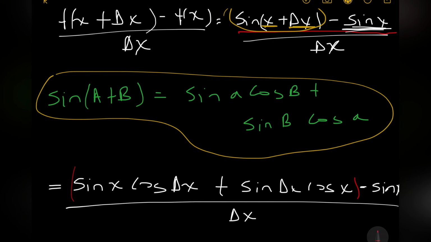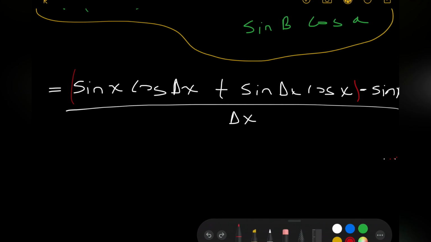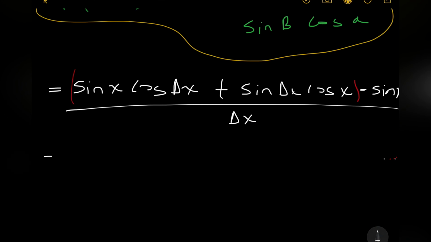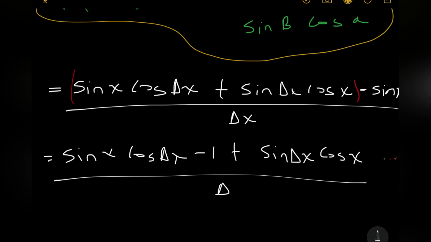What I have in the red parentheses is what I replaced all of this with. Now I can rewrite this as sine x times cos delta x minus 1, plus sine delta x cos x, all of this over delta x. Now we want to find the limit of this.